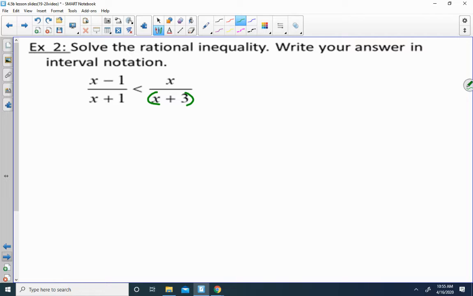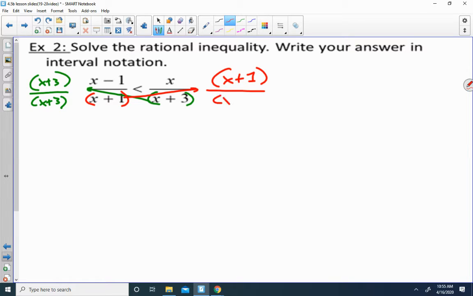I'm going to take this denominator, multiply it to the opposite side: x plus 3, x plus 3. Then I'm going to do the same thing to this denominator: x plus 1, multiply that to the opposite side, x plus 1, x plus 1. Okay? All right, let's do that and see how this goes.